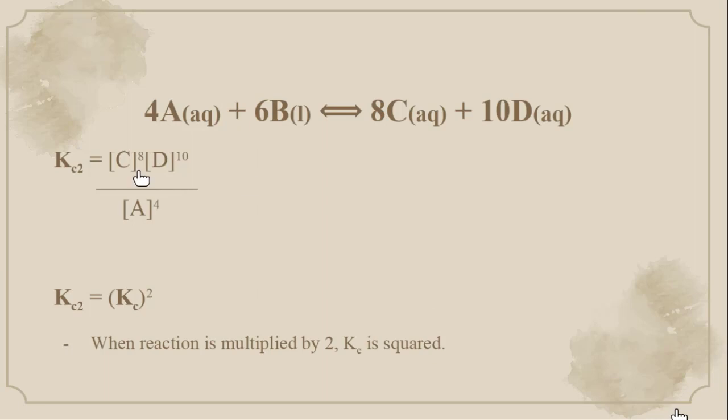Basically, if instead of 2, this would be half if I divided everything by 2. So if I have a numerical value, let's say my Kc was 10, who can tell me what my new Kc would be if it was doubled, like I had in this equation? Tell me the numerical value.